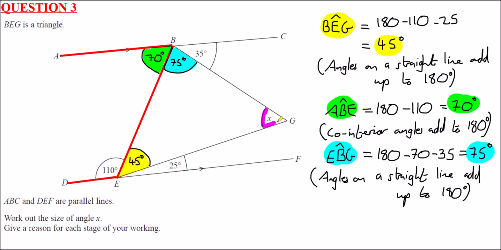And we know that angles in a triangle add up to 180 degrees. So, final step. Therefore, X will be 180 minus 75 minus 45, which weirdly turns out to be exactly 60 degrees.